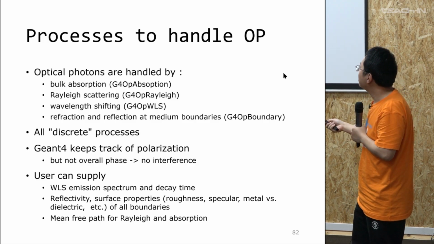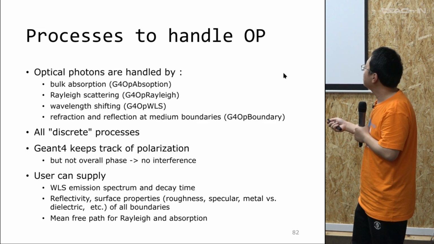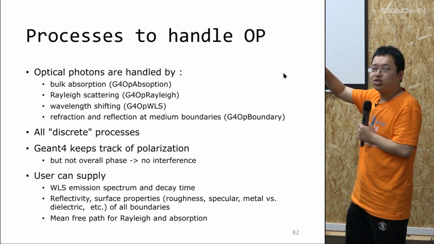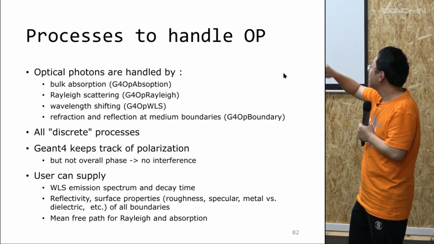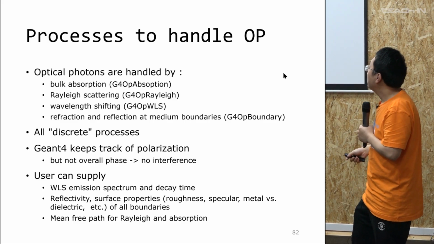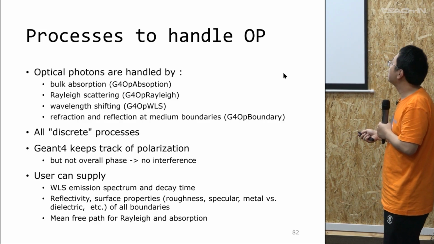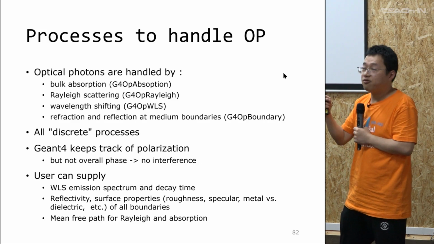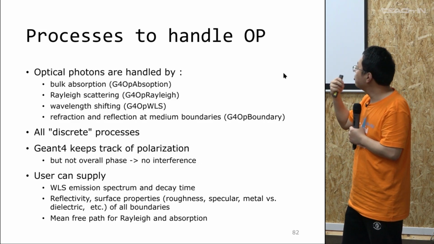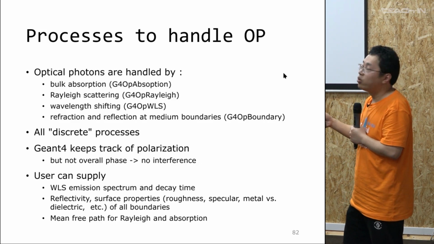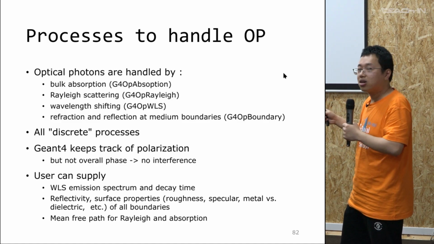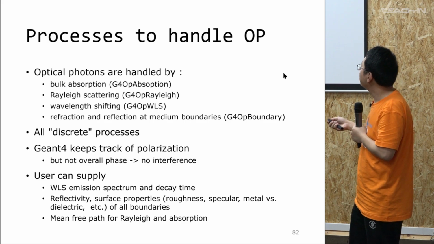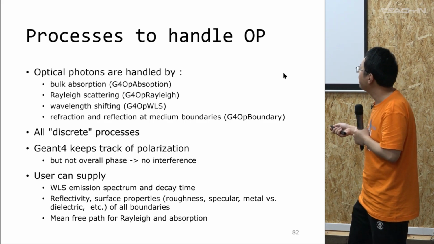Another is Rayleigh scattering, which means the photon will change its direction when it is scattered. There is also wavelength shifting. That means a photon could be absorbed first and then re-emitted, but the wavelength will be longer because the energy becomes lower than in the previous state.